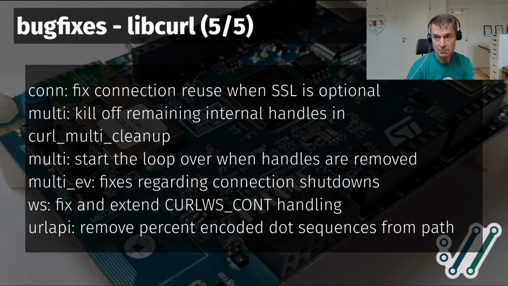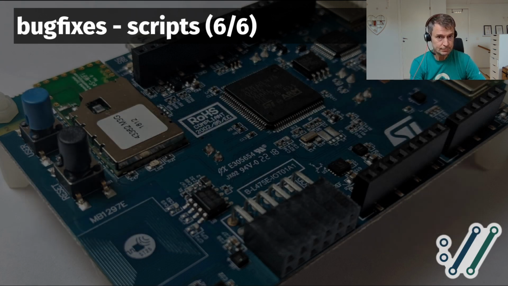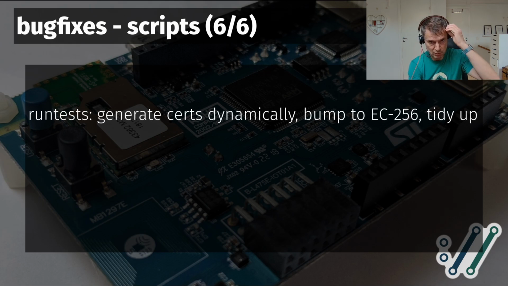It turns out that if you have such a path but the dots are URL encoded as %2e, curl wouldn't remove them, but all the browsers do. So I have improved the dot-dot removal in curl to also consider %2e as dots in the URL path and remove them. A little bit complicated, but just a minor fix. And we fixed some of the scripts too that we're working with.